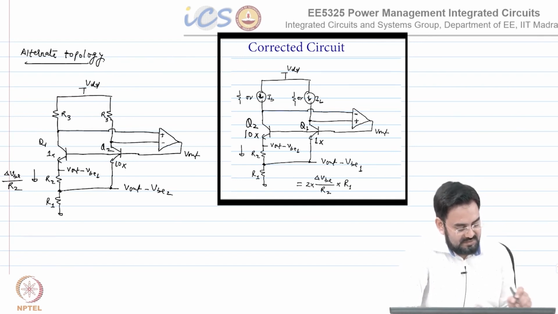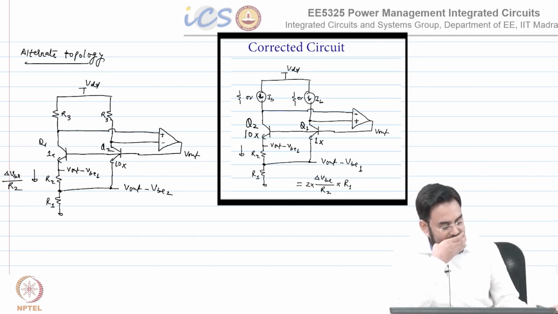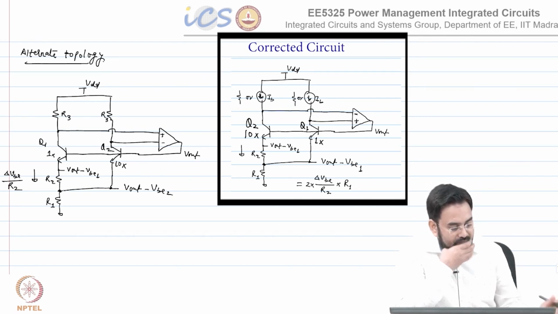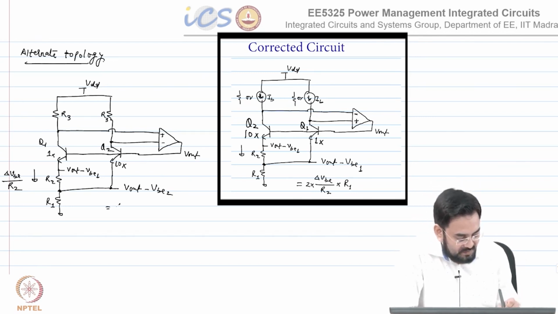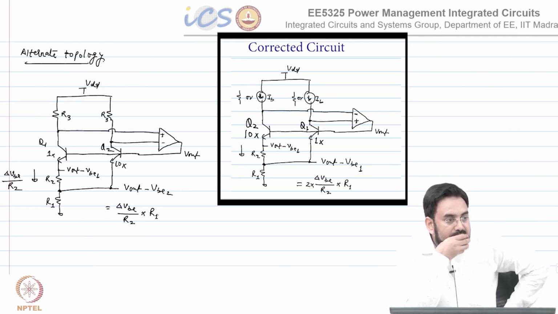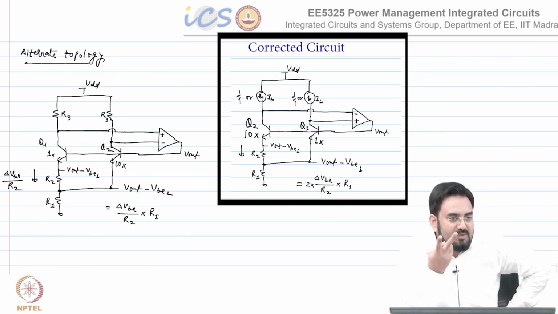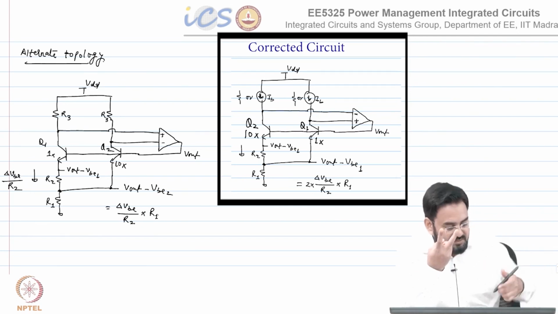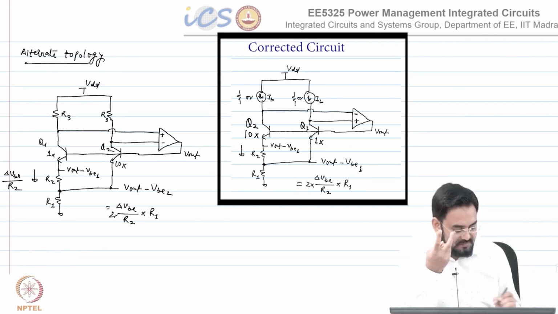Delta VB by R2 into, is this correct? Currents are the same, so 2x current is flowing. So, correct.